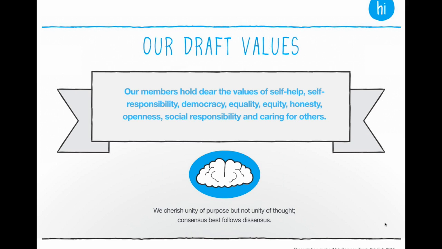And actually, one of the things that people do really like about our draft values here, we call them draft because as the community grows, you know, there's room for iteration, but it's this idea that consensus best follows dissensus. This is a really broad, deep, ambitious project, and it won't go smoothly. It never does, but that's to be celebrated, not to be mourned. And yes, I'm really looking forward to it.